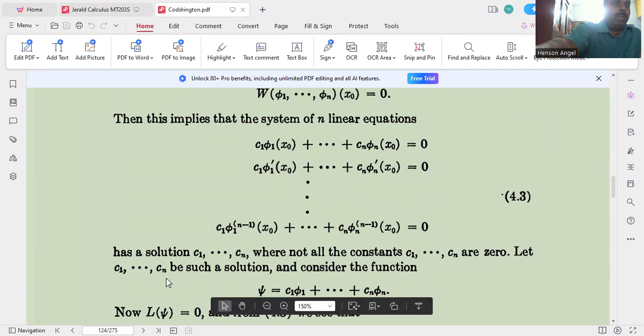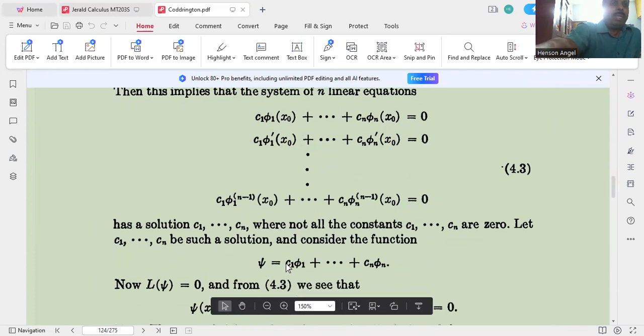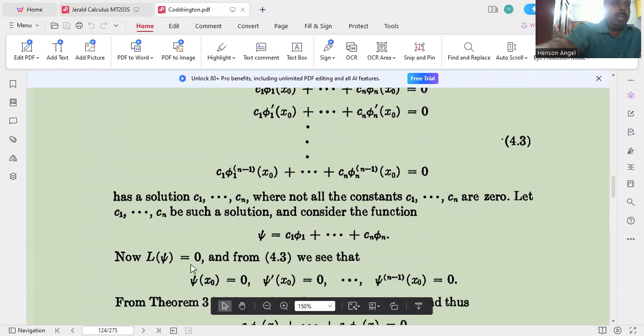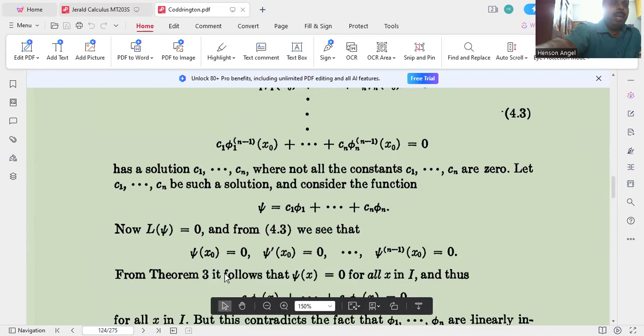Let C1, C2, C3, ..., Cn be such a solution and consider the function psi equal to C1 phi 1 plus C2 phi 2 plus etc., Cn phi n.